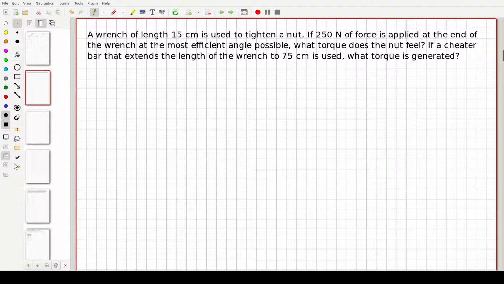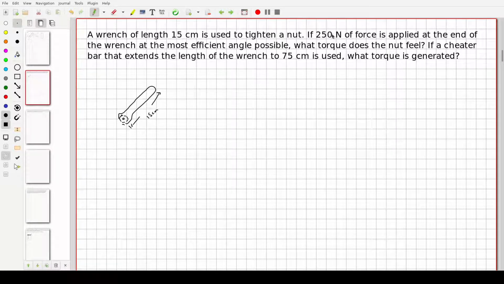So again, if you think about a nut here with a wrench like that, the distance from the center of the nut to the end of the wrench is 15 centimeters.